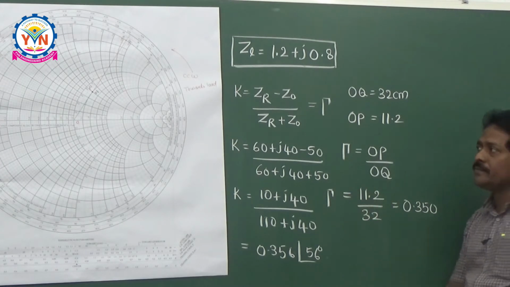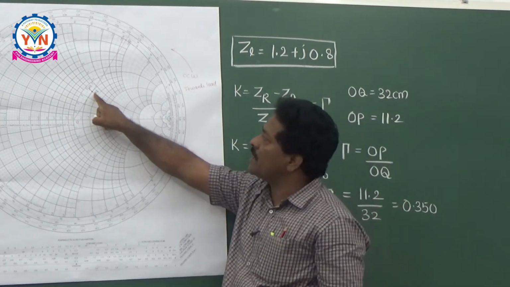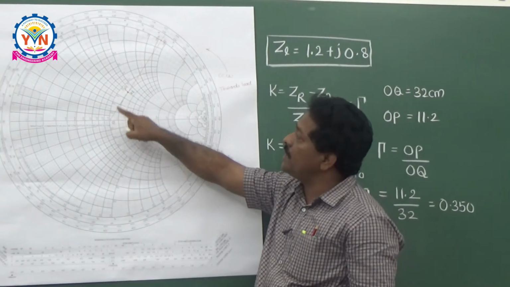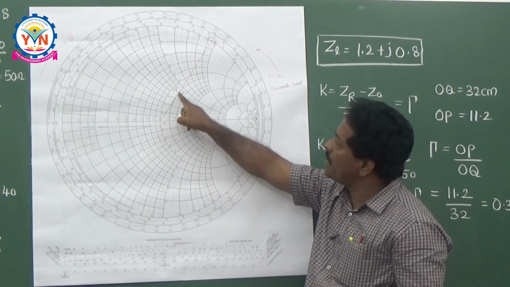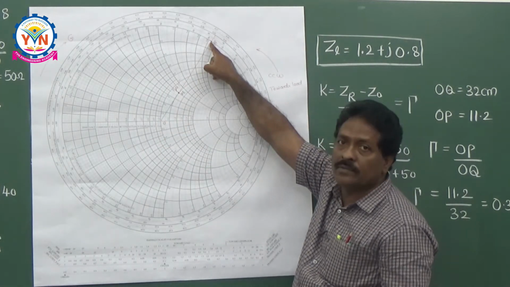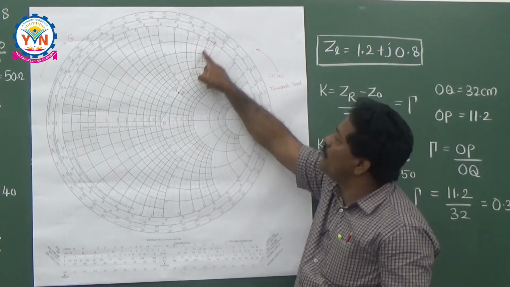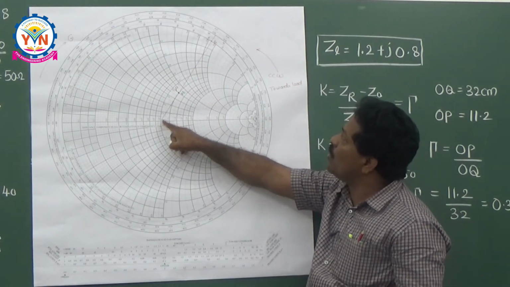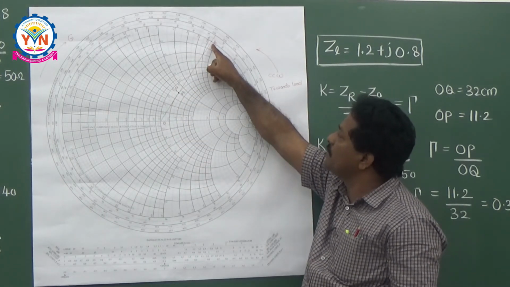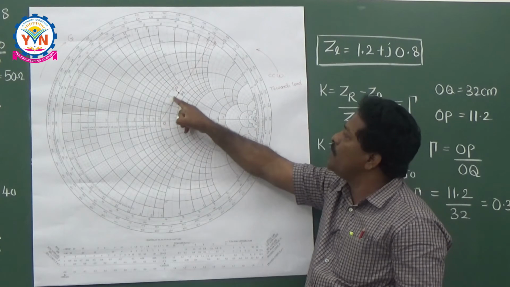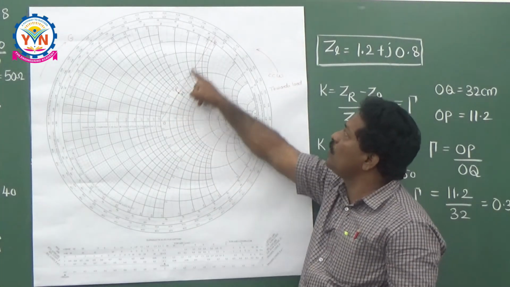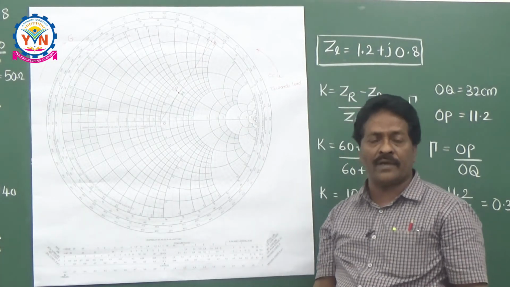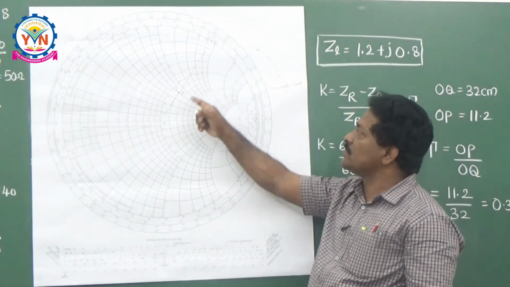You have identified the normalized load impedance, connected it to the center of the chart, extended it toward the main circle, and measured the distance. OQ is 32 point something centimeters and OP is 11.2 centimeters. If you take the ratio of OP to OQ, you get your reflection coefficient.